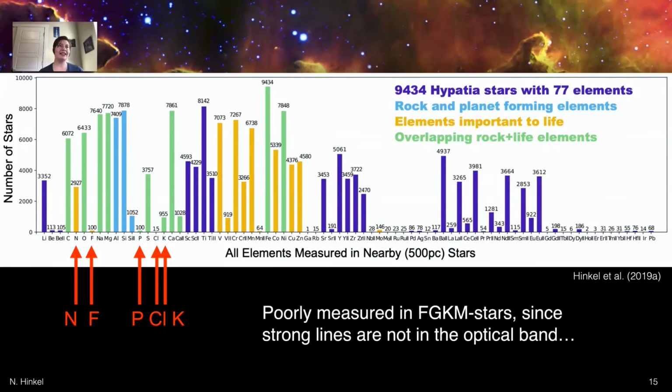Now I've highlighted a few of those elements. That's nitrogen, fluorine, phosphorus, chlorine, and potassium, and you'll notice that we have a dearth of measurements for these specific elements within FGK and M-type stars.